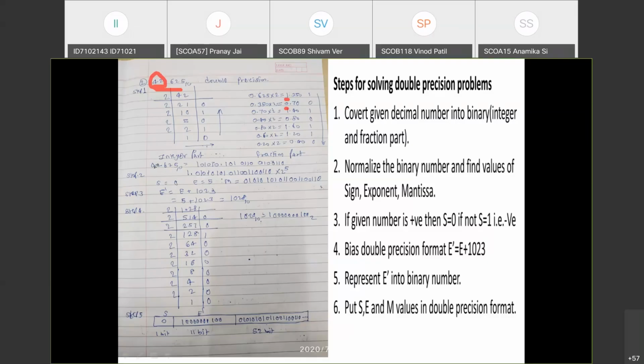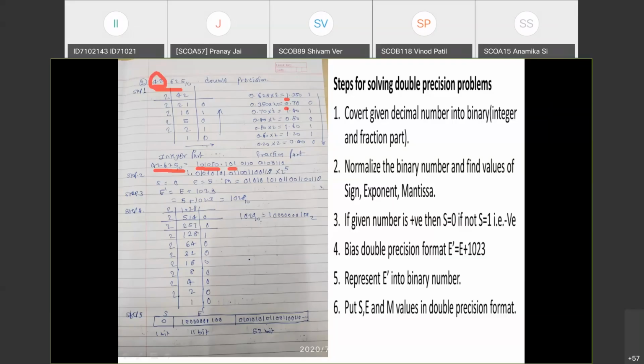So for the total 42.625, the binary representation is 101010 dot, then the fraction part, and it is going to continue if you take more bits. If you do the multiplication steps here up to 3 digits, that is also okay, no problem.